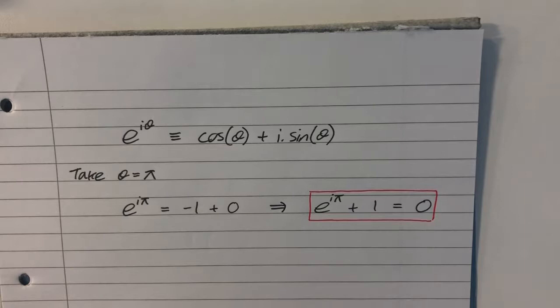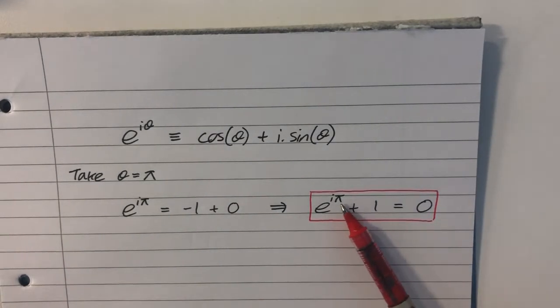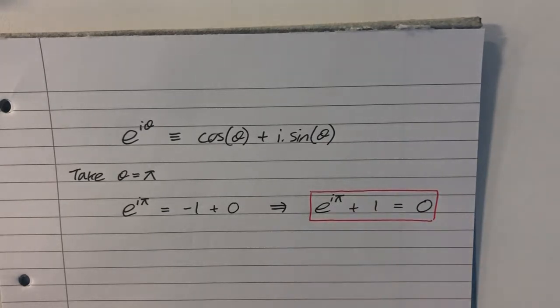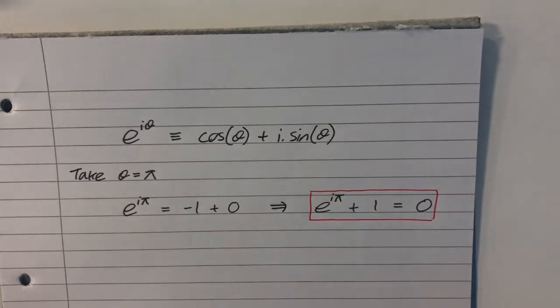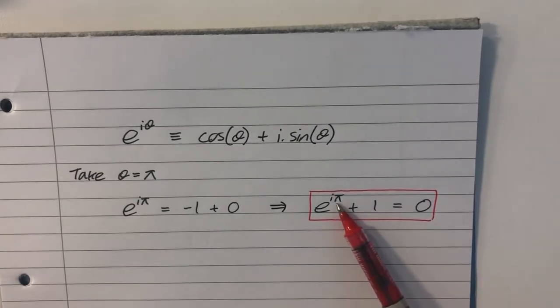The reason why mathematicians like this one is because it's very simple and it summarises a lot of mathematical fundamentals within itself. We've got three fundamental constants, e, i and pi, which are used a lot in mathematics. We have three fundamental operations: addition, multiplication and exponentiation.